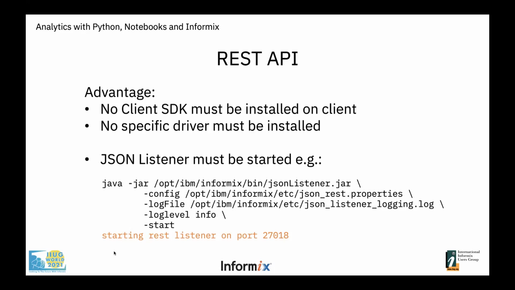And the only thing which you have to do, you have to start the JSON listener on the Informix server side. And how you do that, that is shown below.